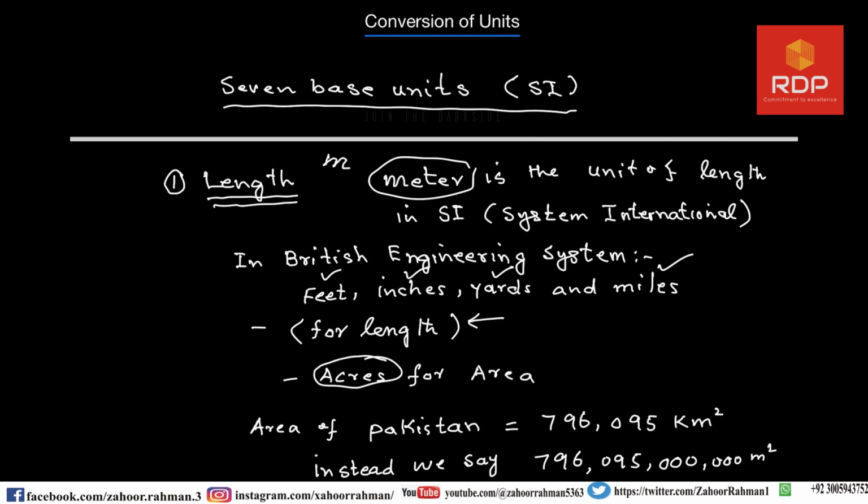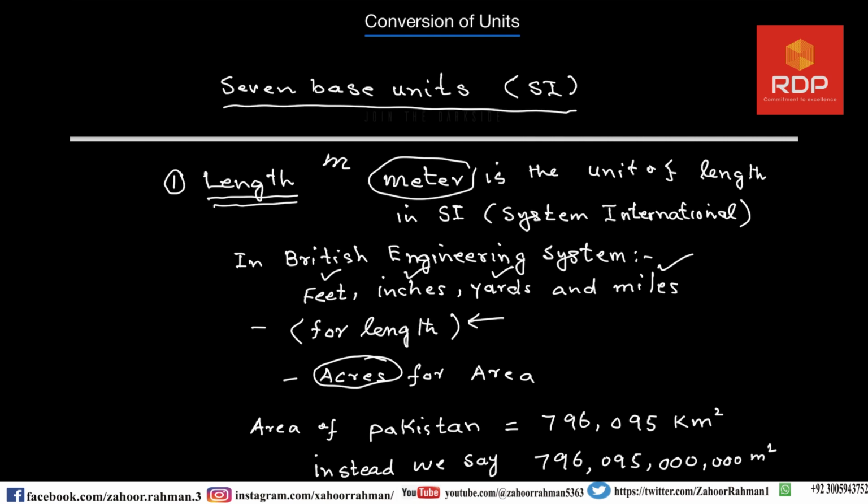For example, if we want to talk about the area of Pakistan, then it is equal to 796,095 kilometers square, and we can see that it is nearly equal to 796 billion meters square.